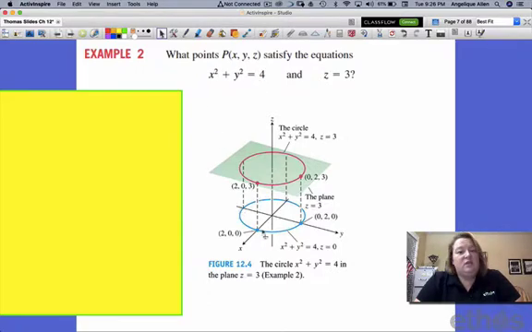In 3 dimensions, it would be all of the circles vertically up and down forever with radius 2, which, when considered together, would be a big open-ended cylinder going to infinity up and down, wouldn't it? All right, so since this equation didn't specify what z had to be, z can take on all values. And then when we limit it to z equals 3, that's when we get a single circle.